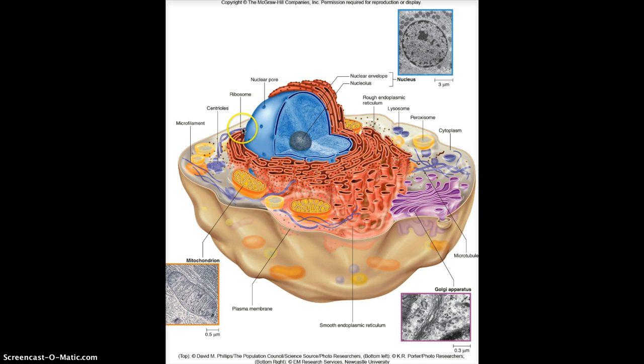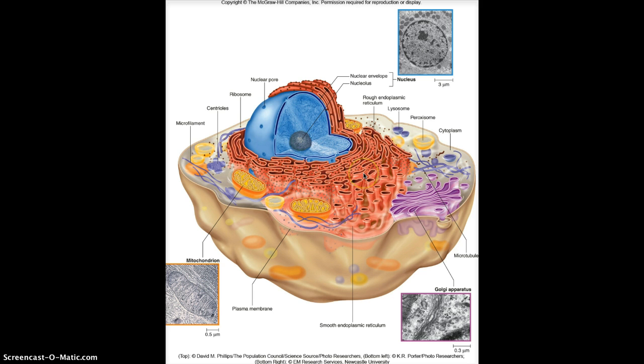Okay, the next structure, which is really the next largest down from the nucleus, is the endoplasmic reticulum, sometimes called ER. And there's two types of endoplasmic reticulum. So there's rough endoplasmic reticulum and there's smooth endoplasmic reticulum.